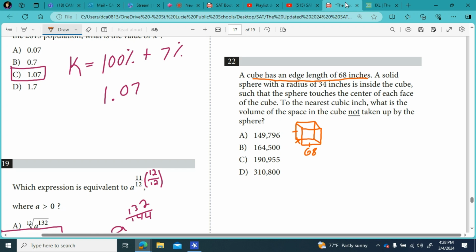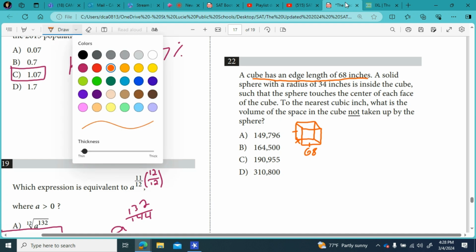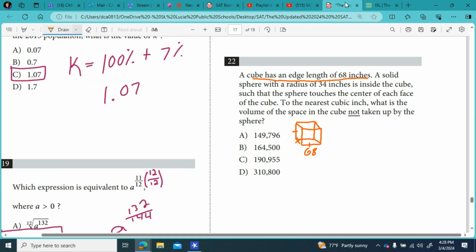And we also have a sphere with a radius of 34 inches. So from the middle to the edge, radius is 34 inches.